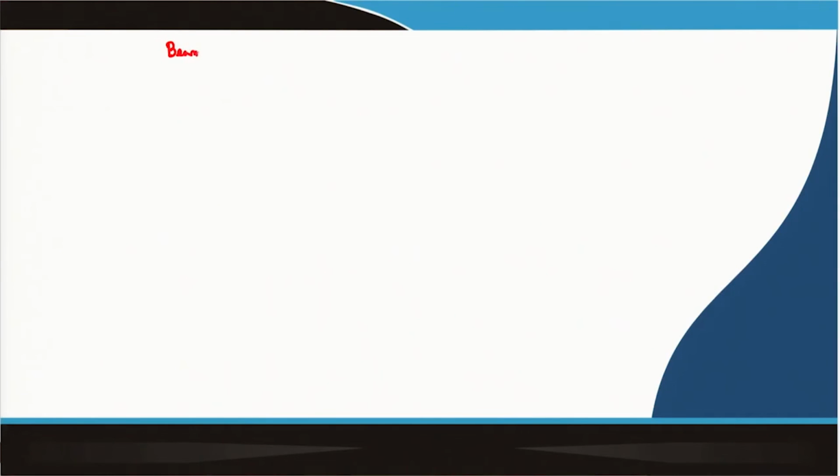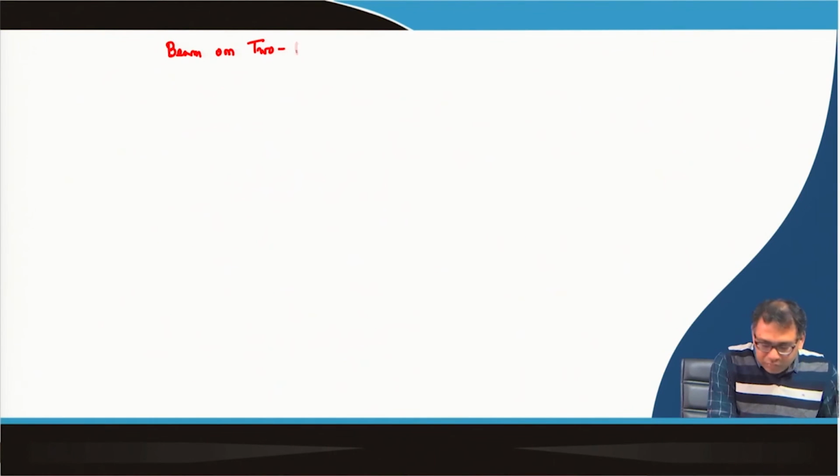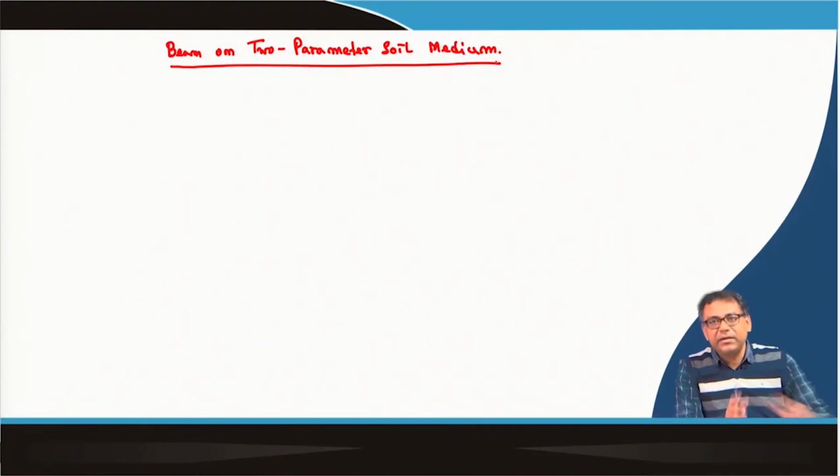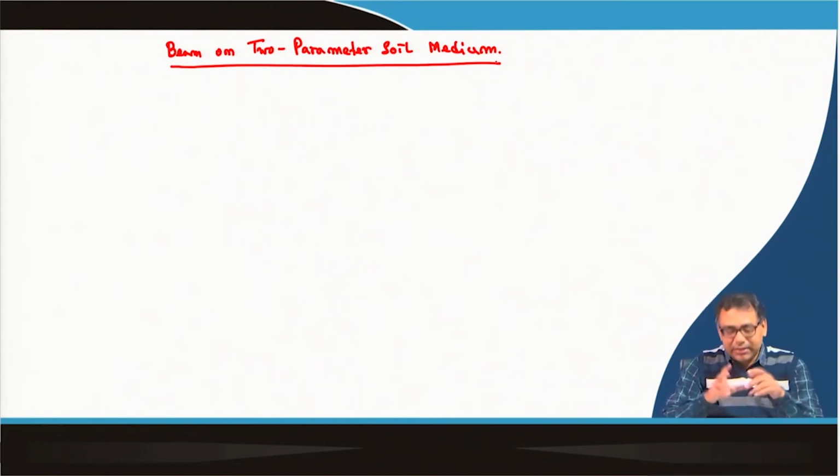So, that means here a beam on a two parameter soil medium. In previous cases, the beam was resting on springs only, and as I have discussed, there is connectivity between the springs, but again the deflection you get is within the beam region only.